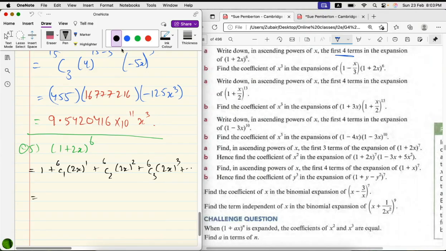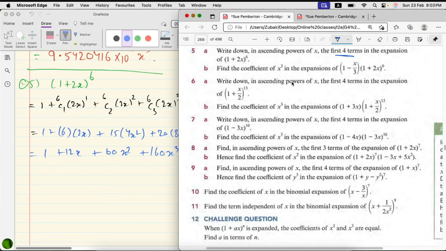First four are done. 1 plus 6C1 is 6 into 2x plus 6C2 is 15 into 4x square plus 6C3 is 20 into 8x cube. That's 1 plus 12x plus 60x square plus 160x cube.